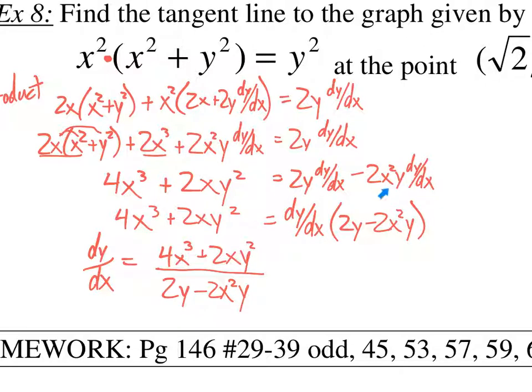So I have now both terms that have dy dx's on the right. On the left here I have all of this part that did not have dy dx's. So I have a 2x cubed plus another 2x cubed is 4x cubed. I have 2x times y squared also added over here.